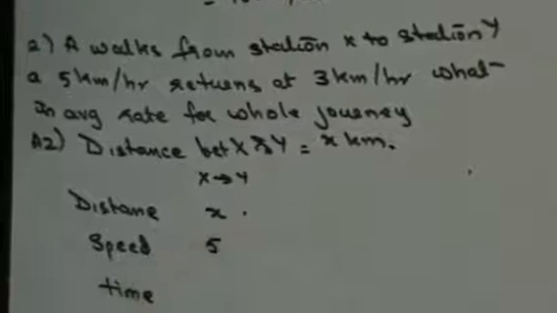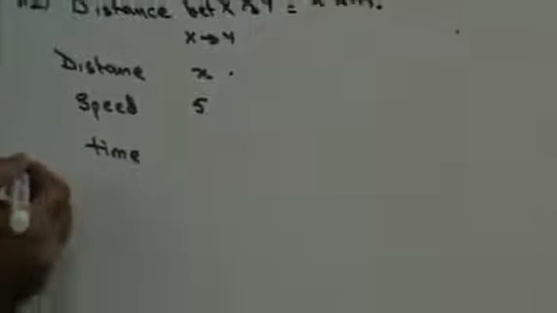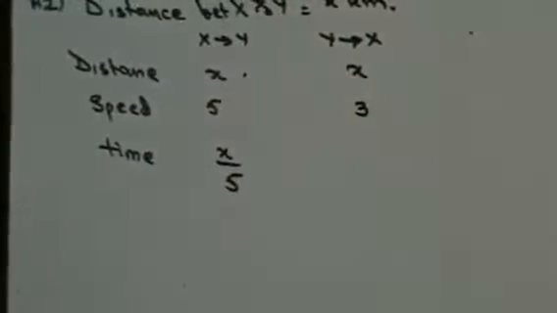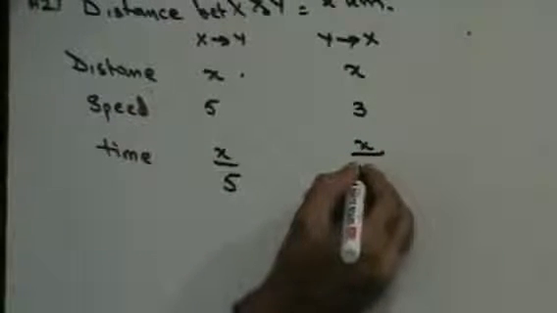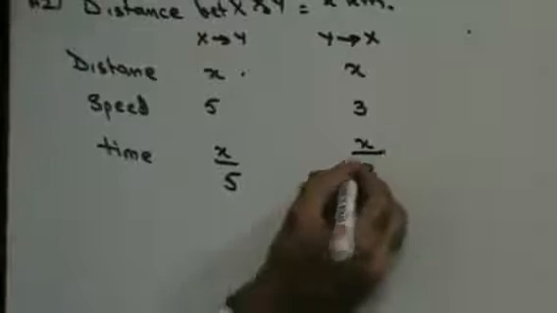He travels at 5 kilometers per hour. Therefore, the time taken by him is, time is nothing but distance upon speed, x upon 5. When he is traveling from Y to X, he still covers the same distance, but now his speed is 3 kilometers per hour. So the time taken by him is x upon 3, that's distance upon speed.